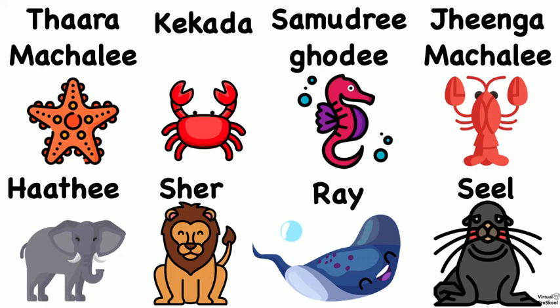I'm not saying jinga, I'm saying jhinga. An elephant is a hathi. A lion is a sher. And earlier we talked about stingrays, but there are lots of different types of rays. So any ray we just call a ray. And a seal is the same in English and Hindi, a seal.